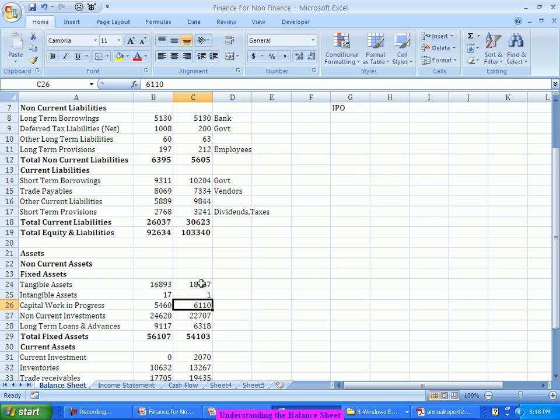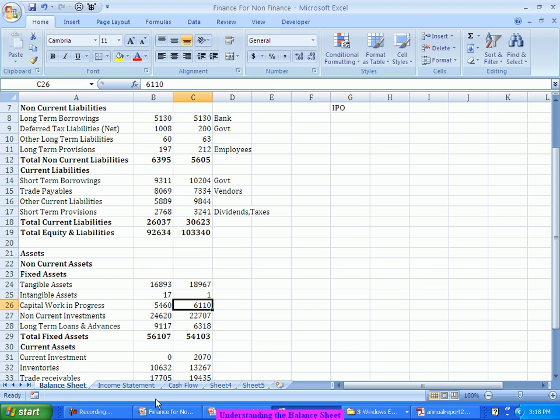Let's say some development is happening, some construction is happening, which will be ready only after 1.5 years. So anything beyond 1 year, or some product development or software development which will typically take more than 1 year to go live, all these will come under the capital work in progress. The worth of them is around 611 crores for the company.